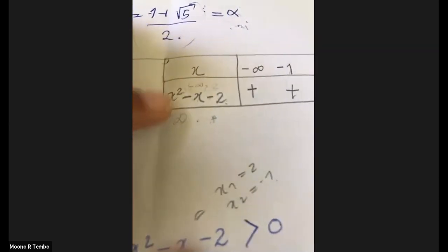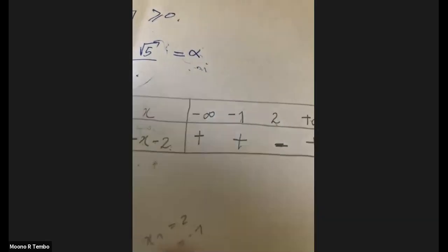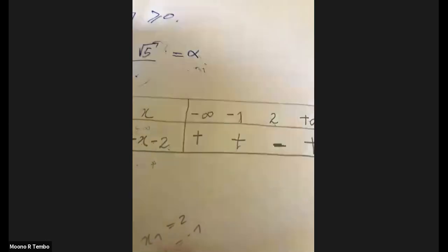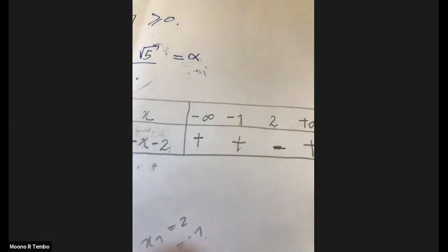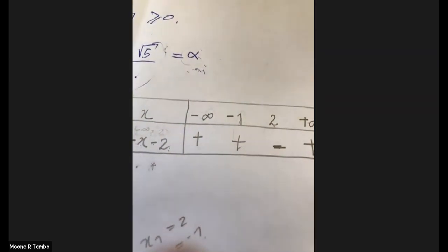So what are we using? The x squared. I'm about to explain how I'm finding the signs, don't worry. What we use is x squared minus x minus 2. Why do we find the signs? There are times when you need the signs to help you determine how your interval is going to be.